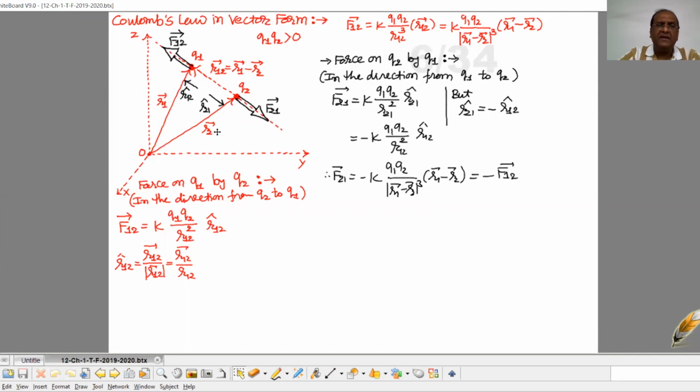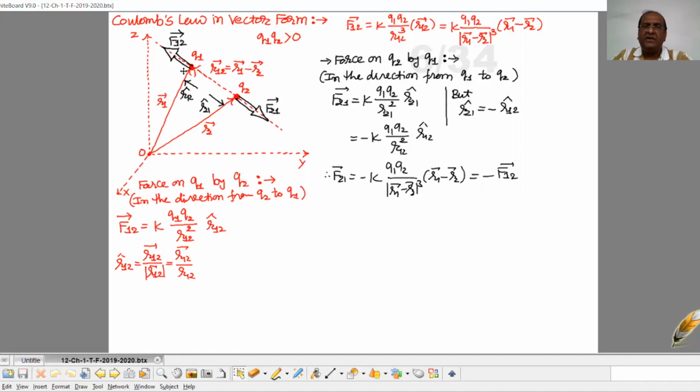Now, the position of 1 with respect to 2, represented by vector r12, is r1 minus r2.